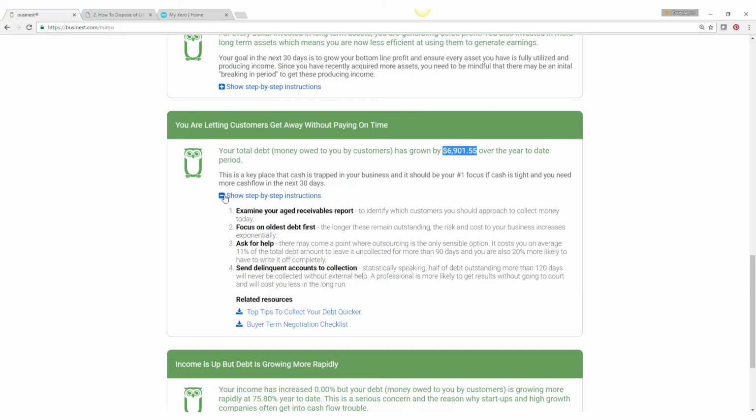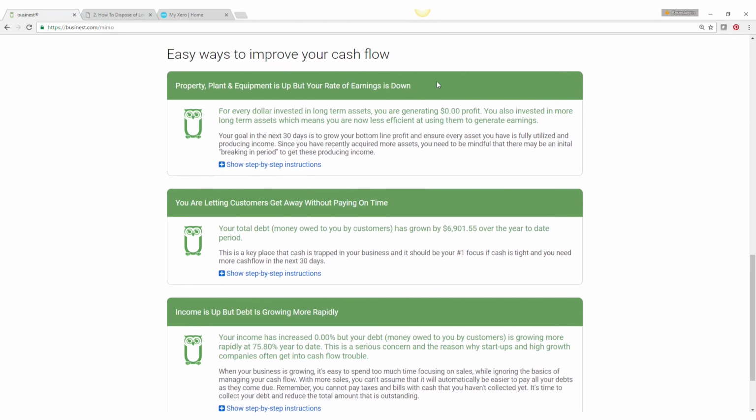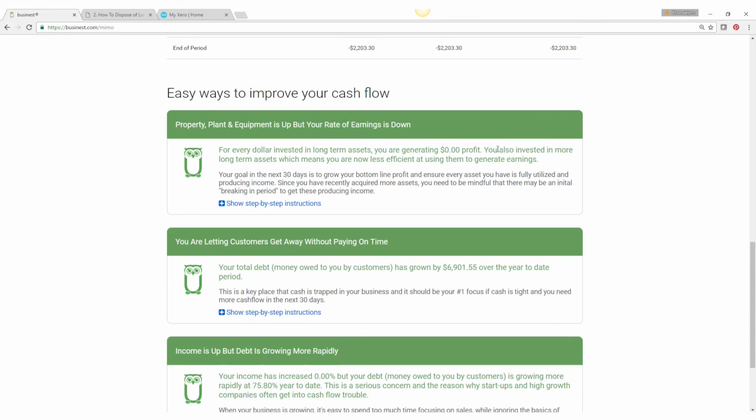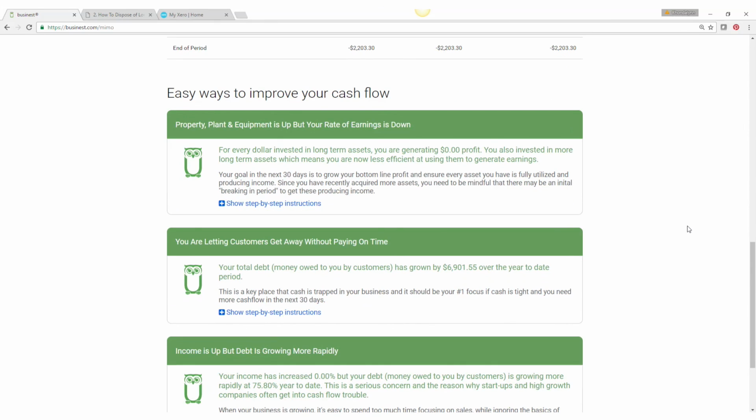And so all you need to do is click into your dashboards every month. Please ensure that whenever you come back to the system that you update your data, and I'll show you how to do that in a minute, because these tips will actually change based on whatever your financial information is. You will not be given the same tips every month. Well, I want to actually give an exception to that.